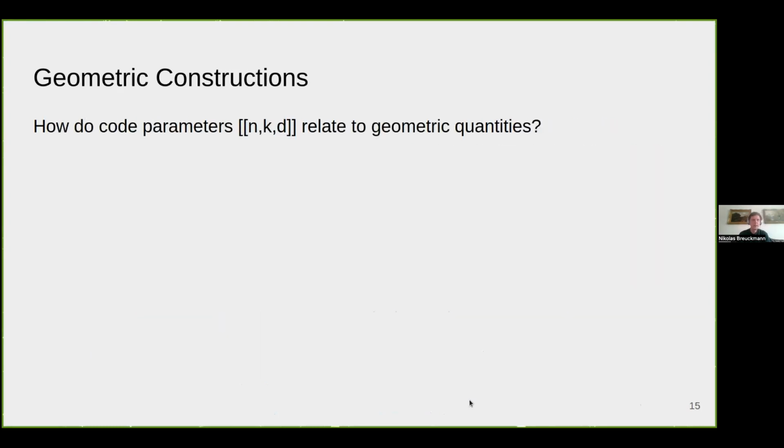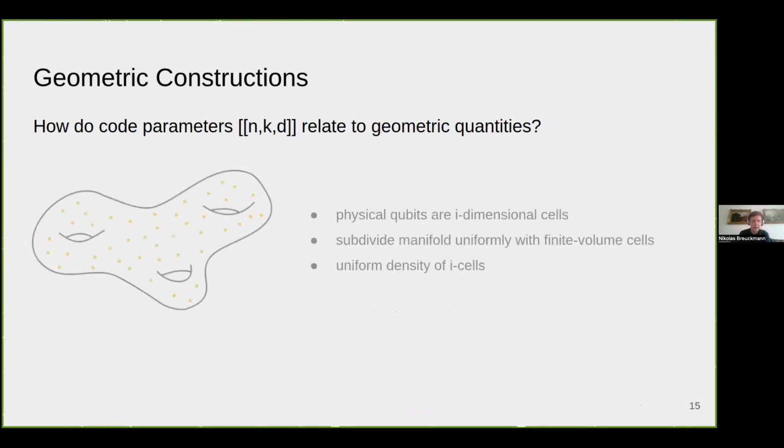Okay. So let me now go into more detail on how the code parameters relate to the geometric quantities. So first of all, we know that the physical qubits in the construction are these i-dimensional cells.